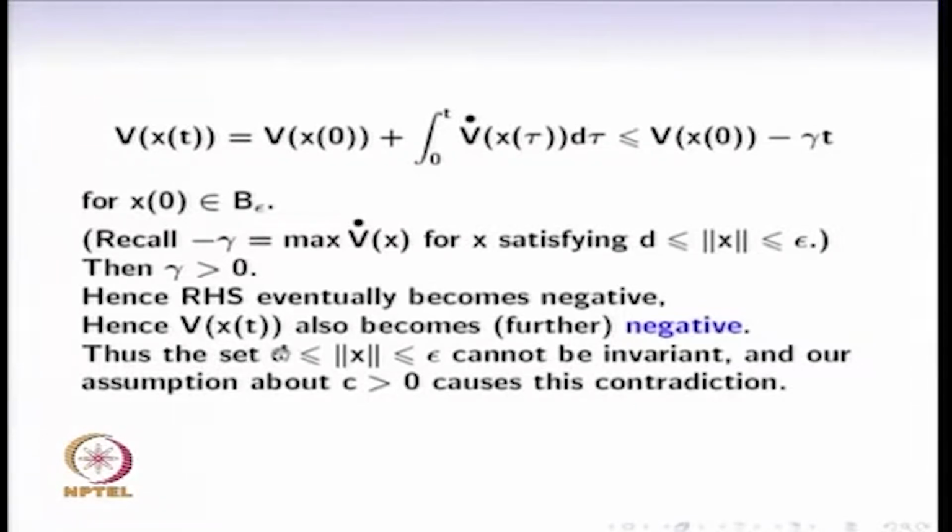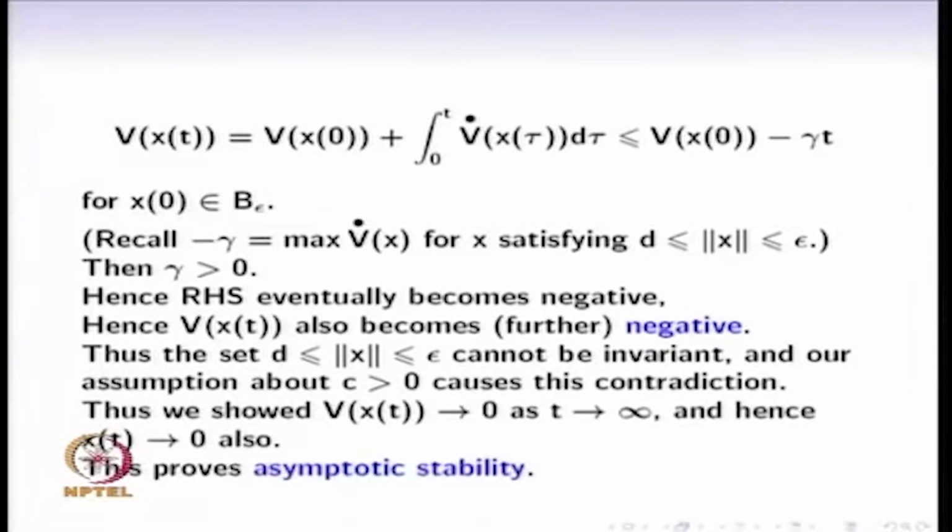Thus the set D, norm of x less than or equal to epsilon, the set of all such x, cannot be invariant. That is the property that we used, and our assumption that c greater than 0 has ended up causing such a contradiction. What contradiction? V of x of t eventually becomes negative for some finite time t onwards.